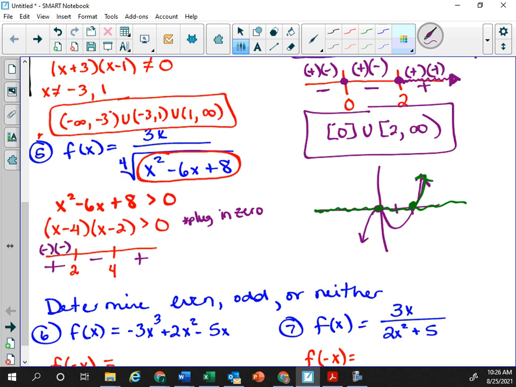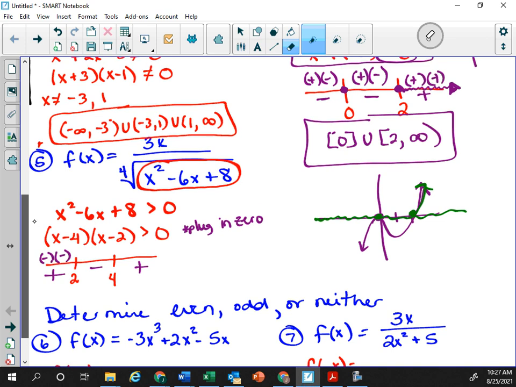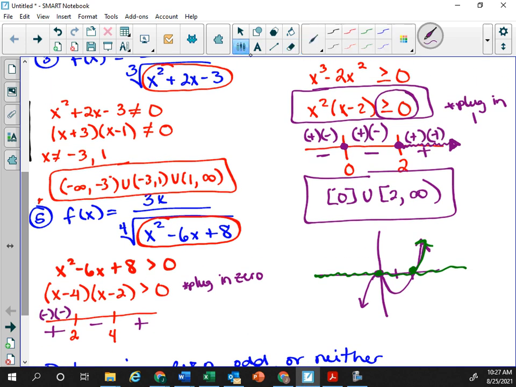If that makes you nervous and you don't trust it yet, you can always check them. The degree. So like if it had been x minus 4 quantity squared, that would have multiplicity. Yeah, good question. So in number 4 that we did up here, see how the x was squared? That had multiplicity, and that's why that one went negative, negative, and then positive. Okay.